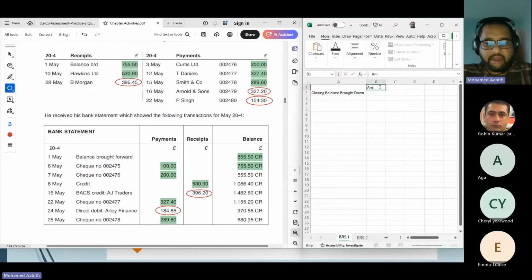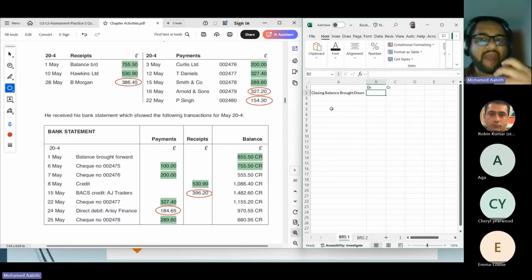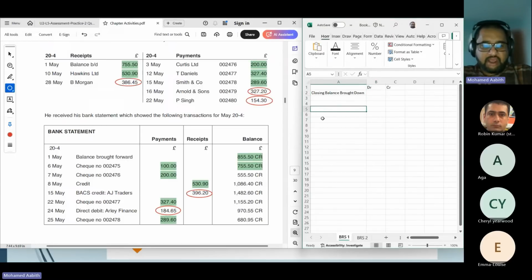Let me see whether I can find it. Okay, so let's see here, debit and credit. It will show like that. So what we need to do, we have to do this one and make any adjustment to it. And then once you've done that, they're saying here, adjusted balance carried down. This is how they will show that in the exam.